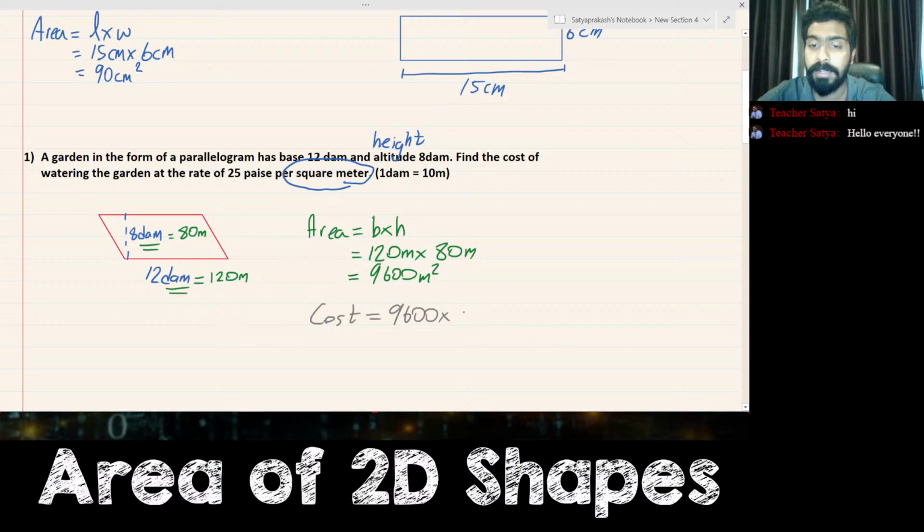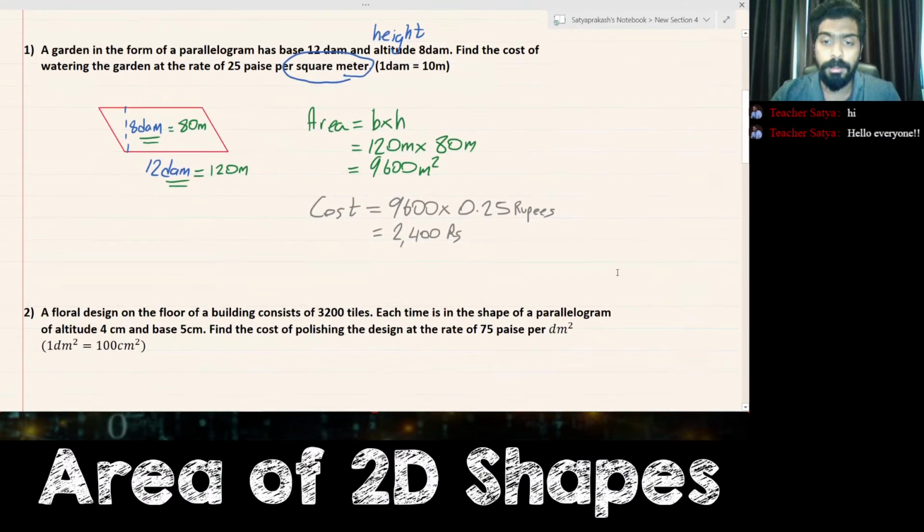So 25 paise is 0.25 rupees, right guys? Now the total cost would be 9,600 times 0.25, which would give us 2,400 rupees, right guys? All right, hope you guys are following.